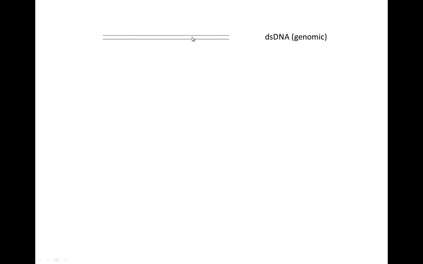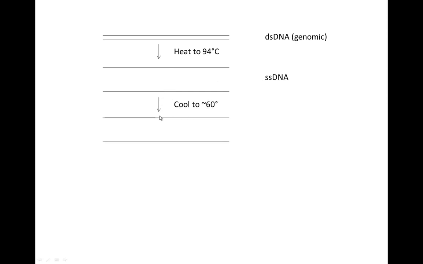So the first step here is this double-stranded genomic DNA, heated up to 94 degrees, very nearly boiling point, which is going to separate them out into single-stranded DNA, denatures them. Cool that back down to about 60, and that allows for the annealing of our primers.